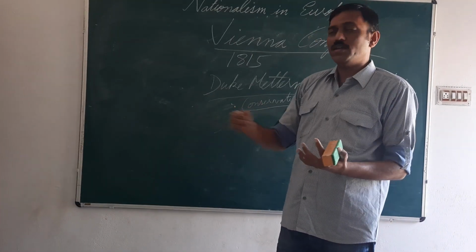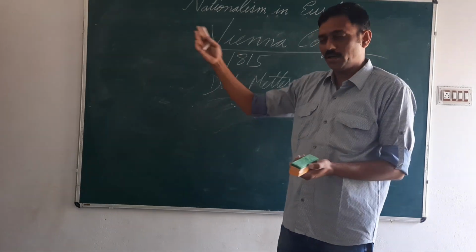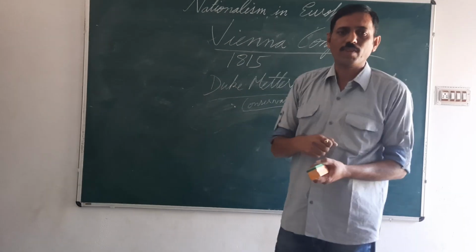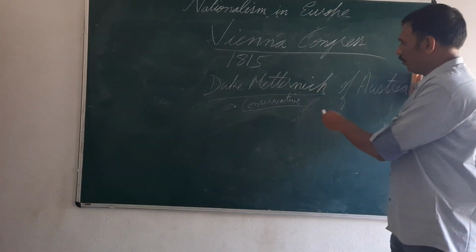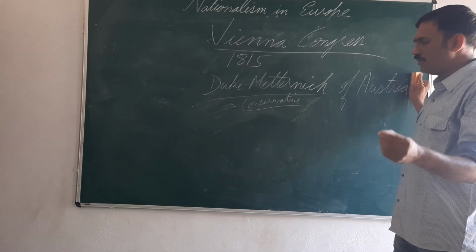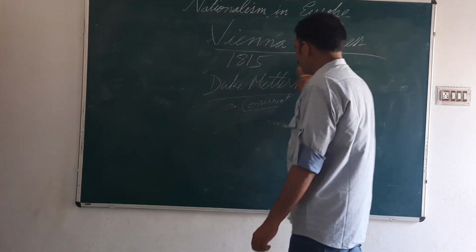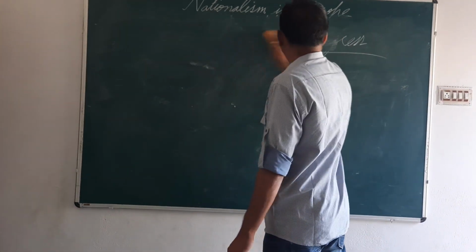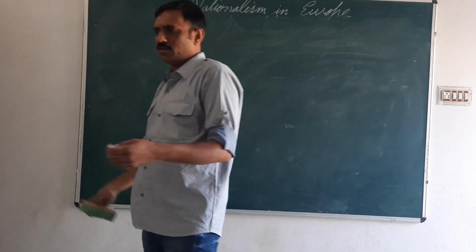Duke Metternich and others were not happy with Napoleon. You are not from the ruling family and you cannot rule. So they called this meeting. Duke Metternich of Austria aimed to divide the empire of Napoleon as well as bring back conservatism. This was the aim of the Vienna Congress.